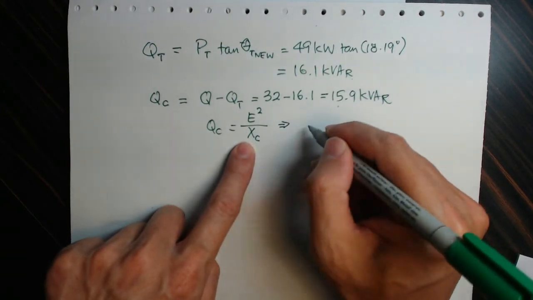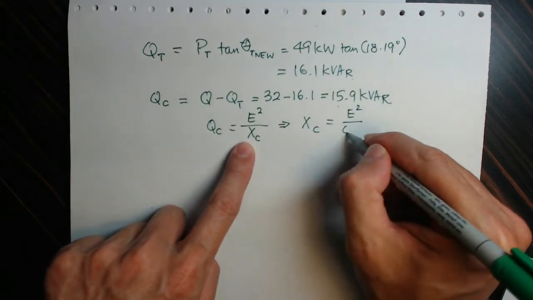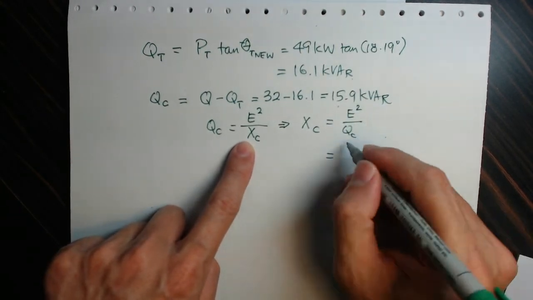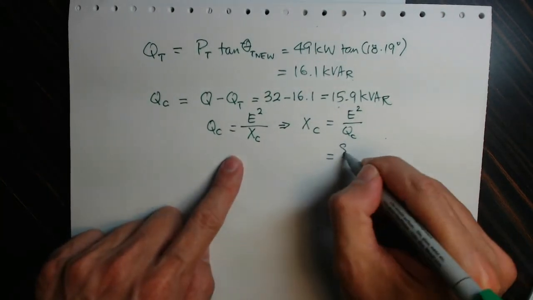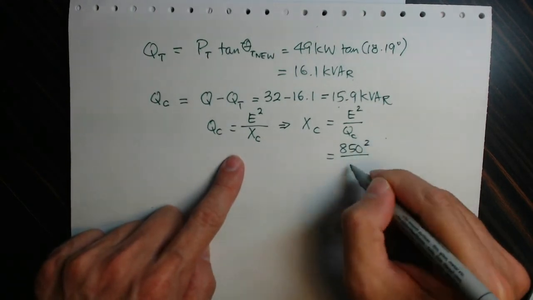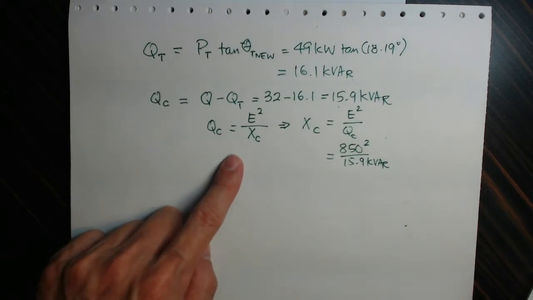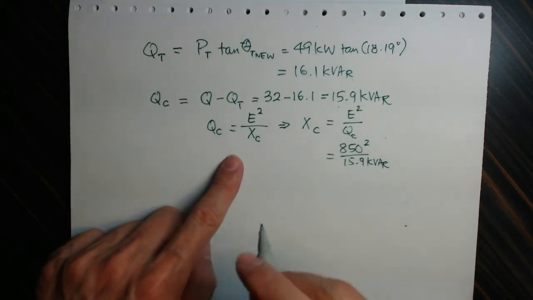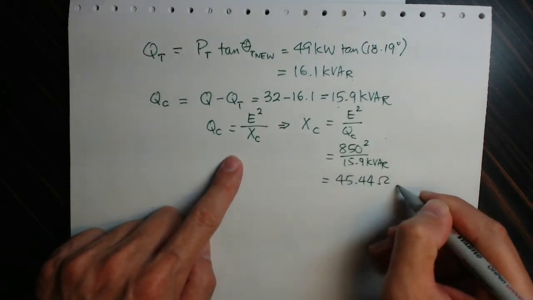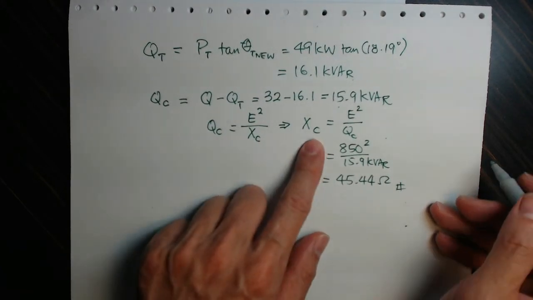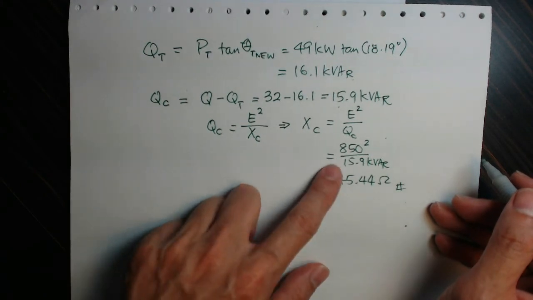Therefore, the capacitive reactance Xc is equal to E squared over Qc. That's equal to the voltage, which is 850, squared, divided by 15.9 kVAR. That gives us an Xc of 45.44 ohms. The reactance of the capacitor that I need to add in.